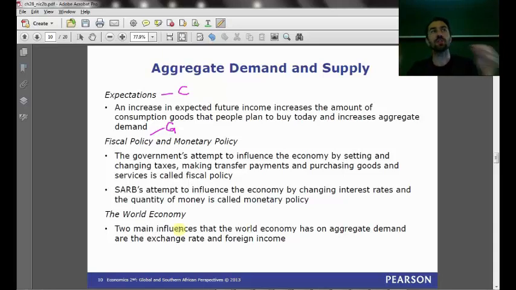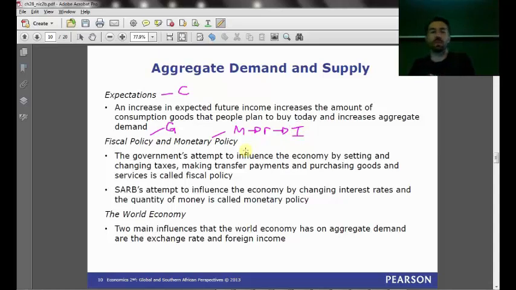Because of a change in interest rates, at any given price level, our investment spending has now changed, which means it's a shift in the aggregate demand curve. You get it? The difference? Maybe you do, maybe you don't. Okay, so monetary policy, it's a change in money supply, changing interest rates, which then changes investments.